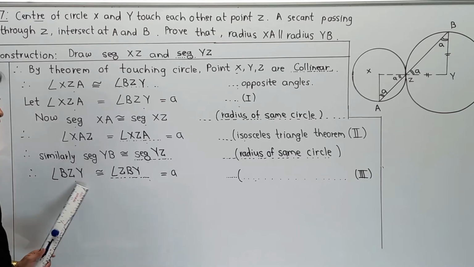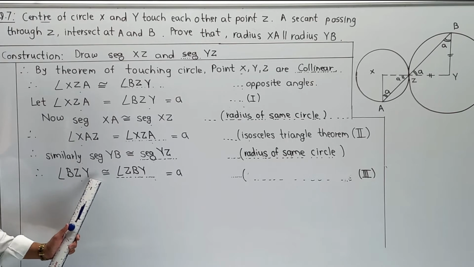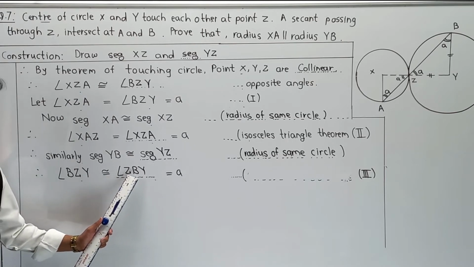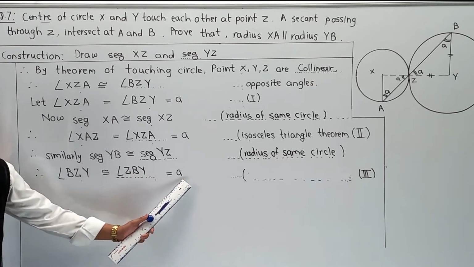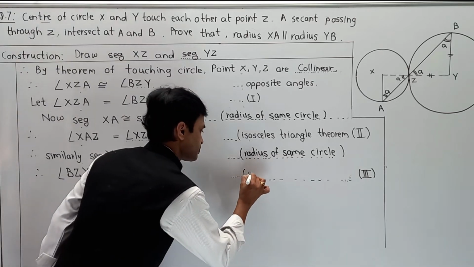These two angles are congruent, that is angle BZY is congruent to angle ZBY and angle A, and it is nothing but the isosceles triangle theorem.